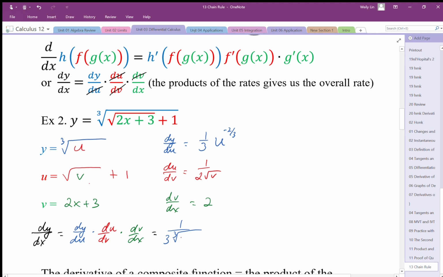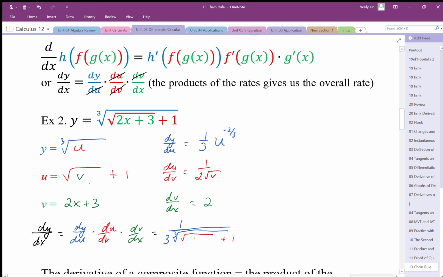This is the square root plus 1 function, and that represents the inside variable to that function. So that is my u function right there.